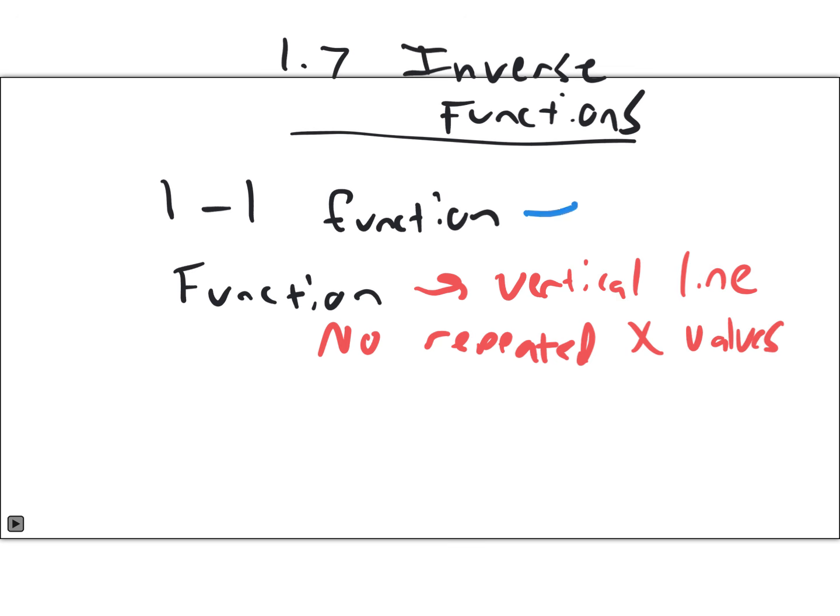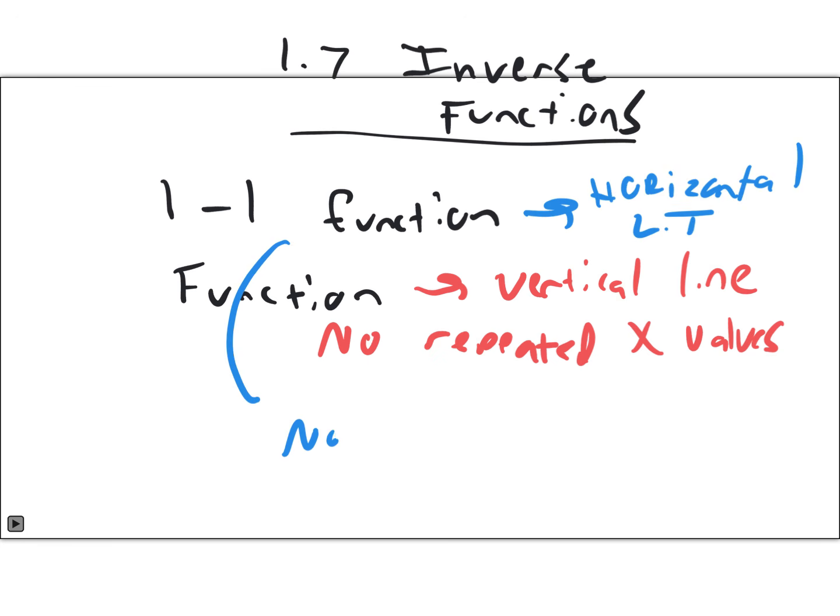For one-to-one, we use the horizontal line test. That means no repeated y values, which means the range is never repeated.